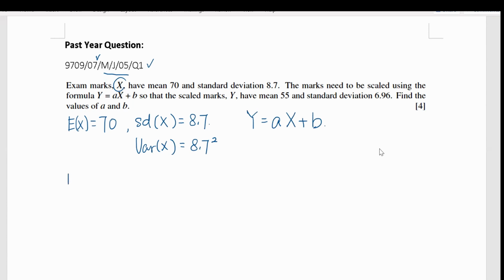Now we have the information of the mean of Y as well, which is 55, and the standard deviation of Y given as 6.96. Again, we need to get the variance of Y, so that's 6.96 squared.